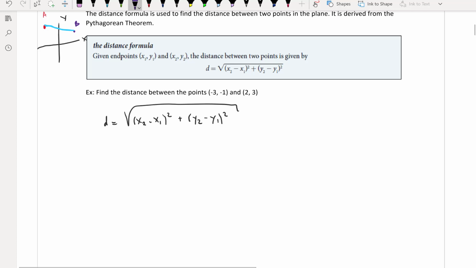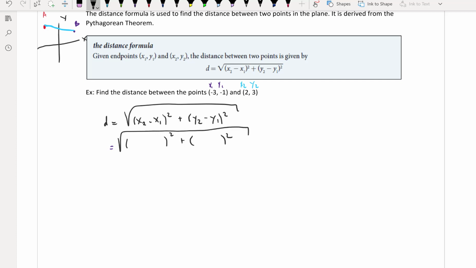So now I'm going to attempt to do this. What might be helpful is to actually label your points. I have my x1 and my y1, and over here I have my x2 and my y2. For this, I'm going to put in my parentheses squared plus my parentheses squared, and it's going to be square rooted.